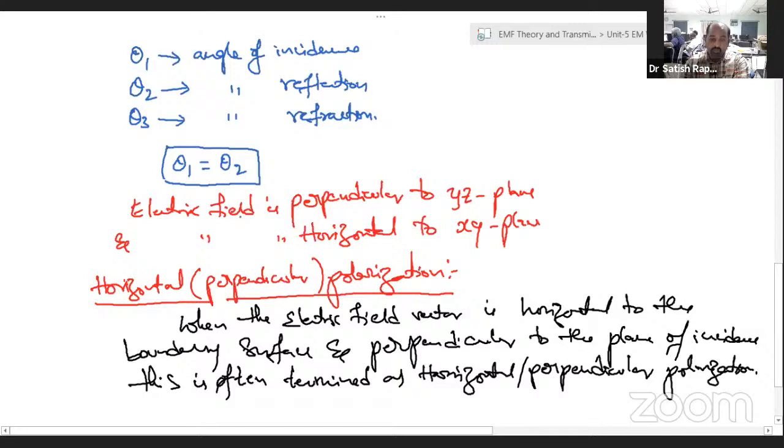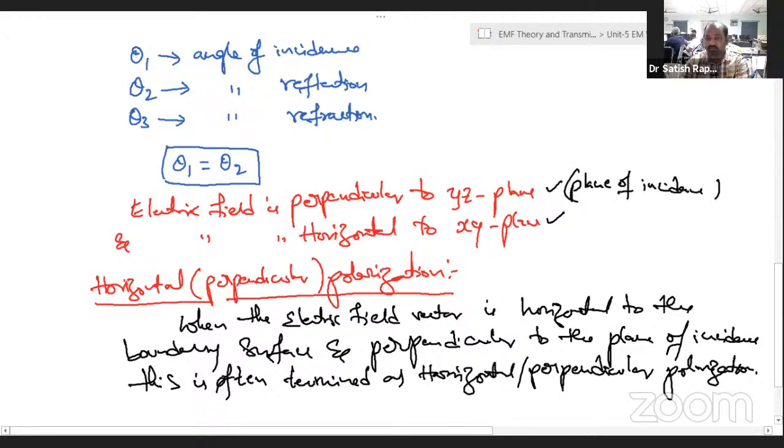So the electric field, here I have summarized in these two points. The electric field is perpendicular to the YZ plane. The YZ plane is also called the plane of incidence.